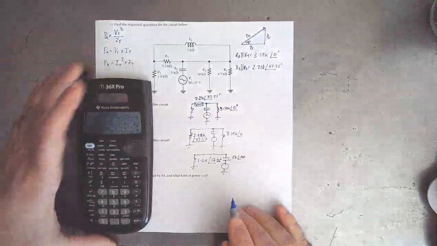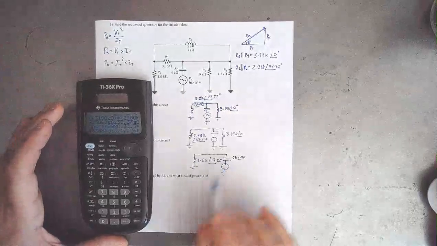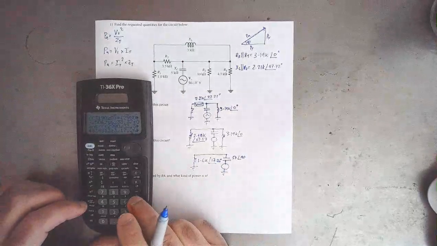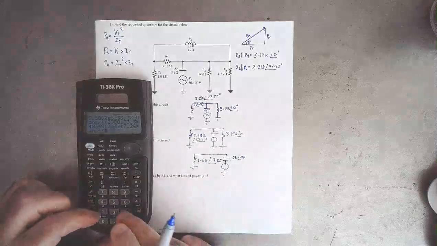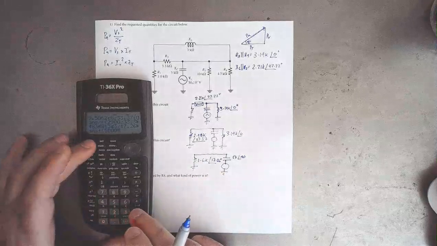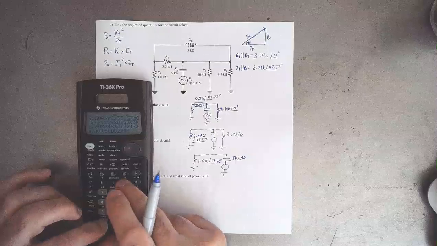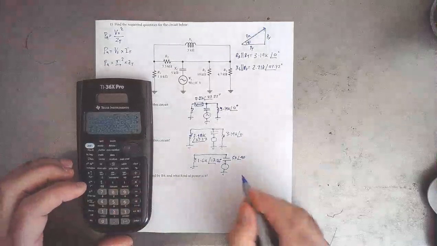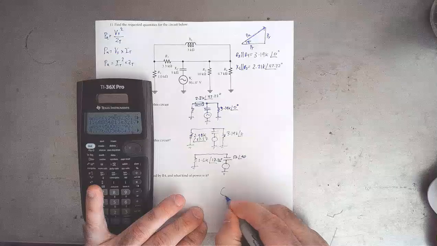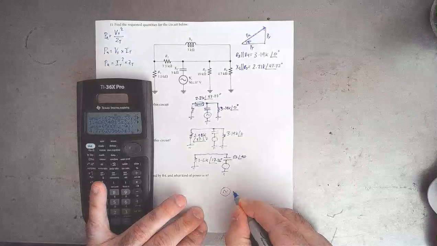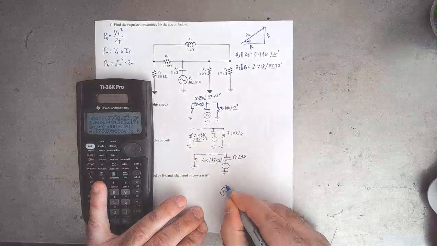Okay. So these two are in series right here. So let's add them. So plus 5K at an angle of negative 90. And that gives us this right here. So this is 50 volts.